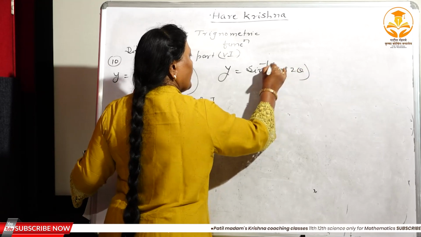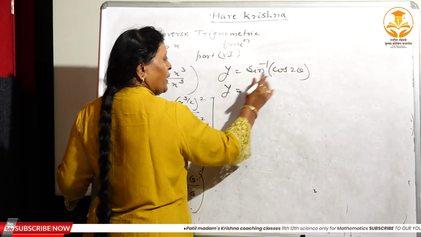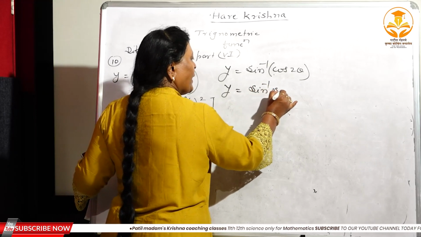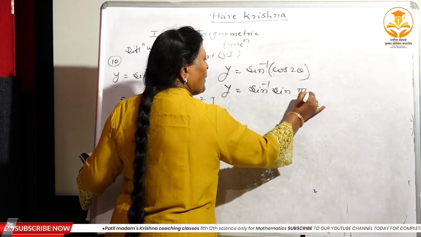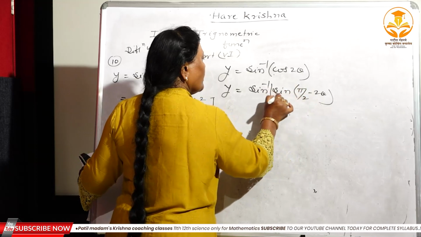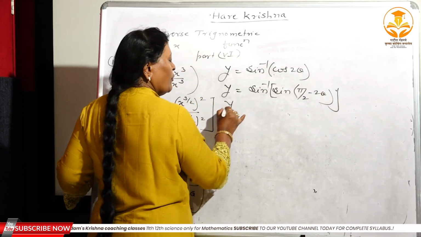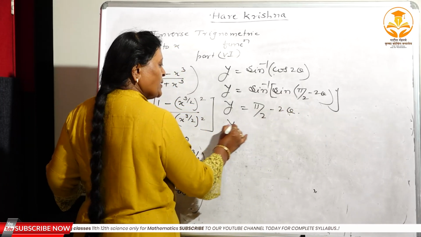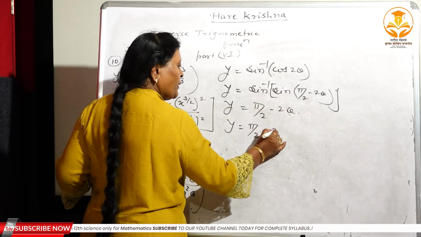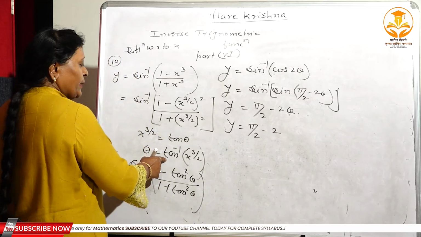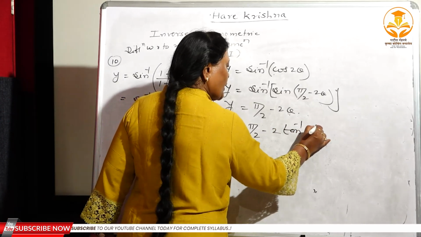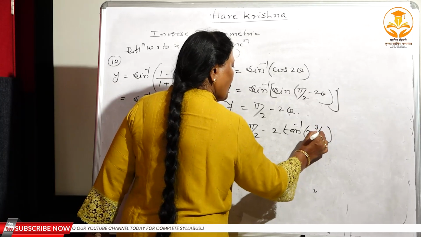Again, there is a sine inverse and in the bracket cos. The cos you have to convert in the form of sine by taking the help of pi by 2 minus 2 theta. Sine inverse and sine get cancelled. What remains here? Pi by 2 minus 2 theta. Therefore, y is equal to pi by 2 minus 2 theta, and theta is nothing but tan inverse of x to the power 3 by 2.